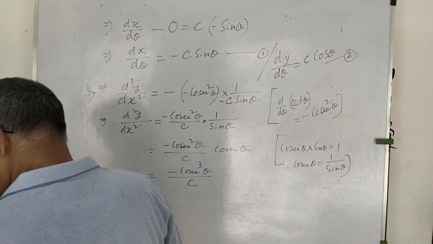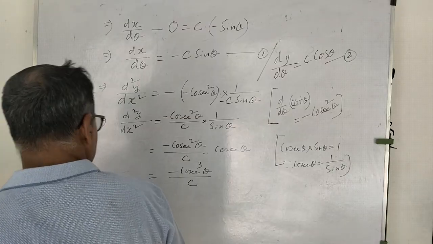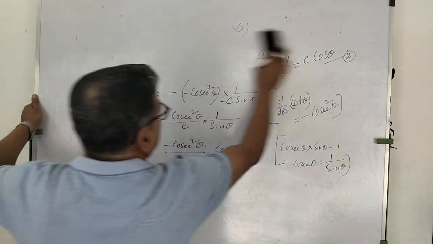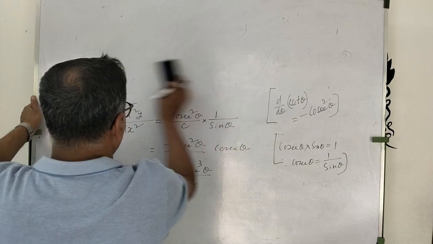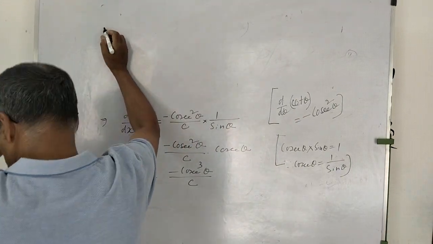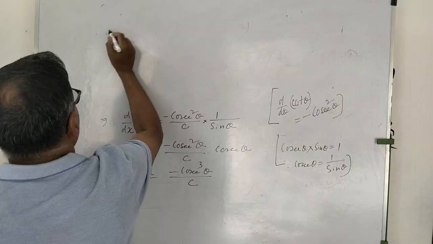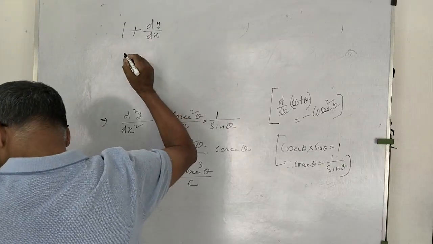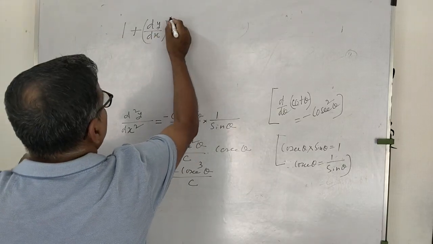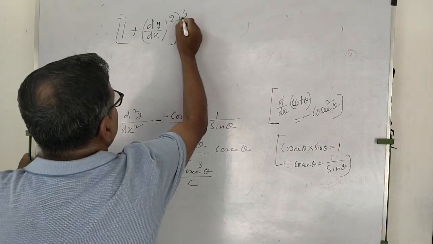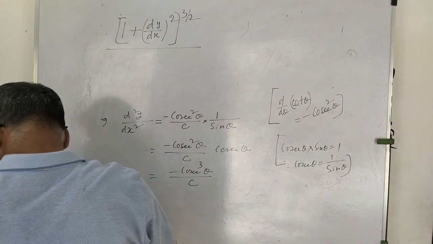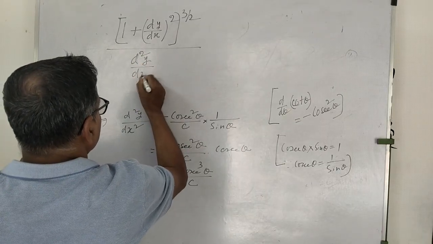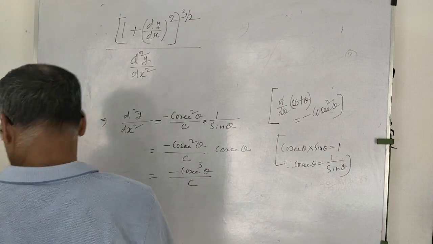Now, substituting these values of dy/dx and d²y/dx², evaluate (1 + (dy/dx)²)^(3/2) by d²y/dx². We calculate these values.